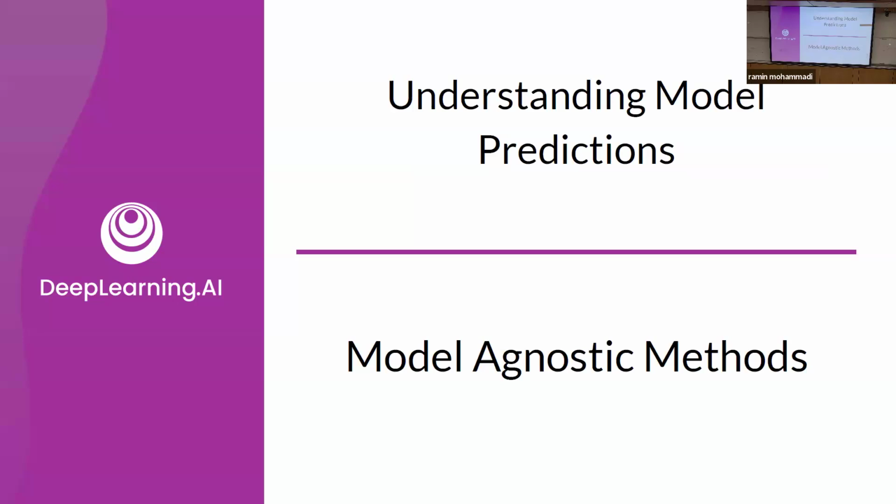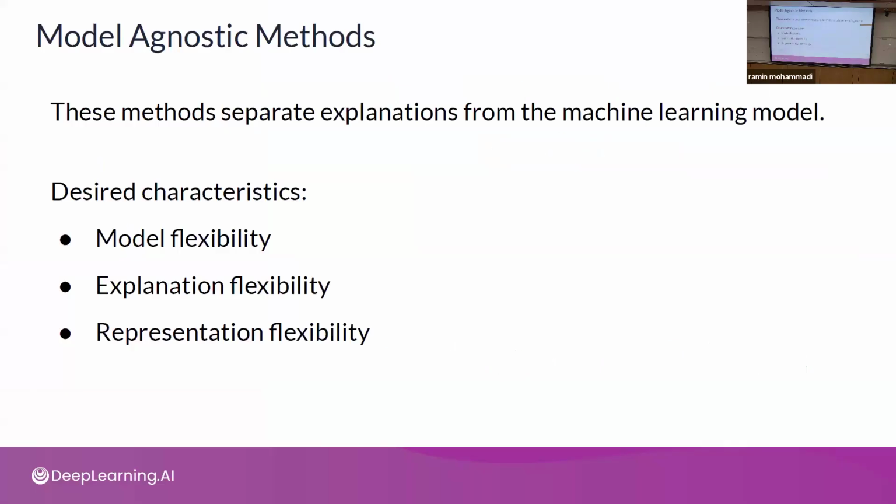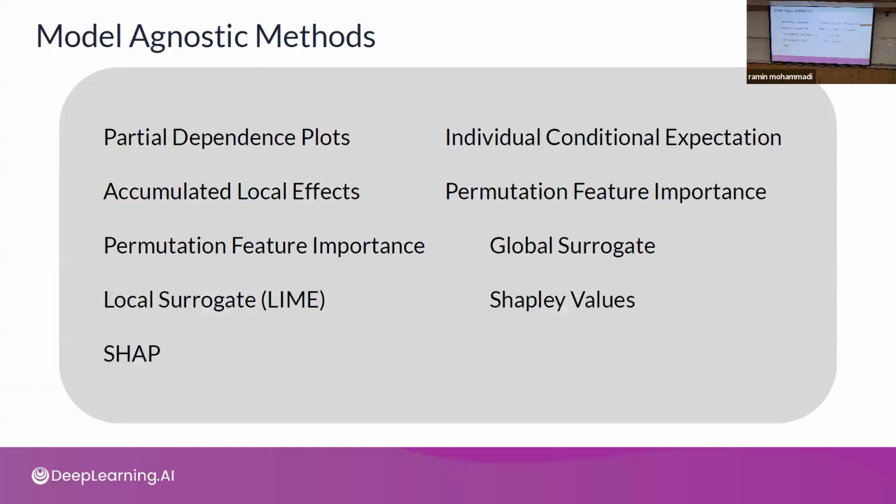Now let's go to model agnostic methods. Model agnostic means that it doesn't matter what model you're trying to test. You want to be sure that the methods you're using give you model flexibility, explanation flexibility, and representation flexibility.